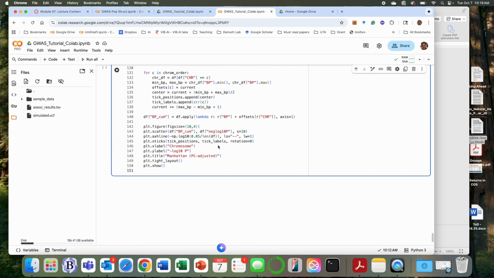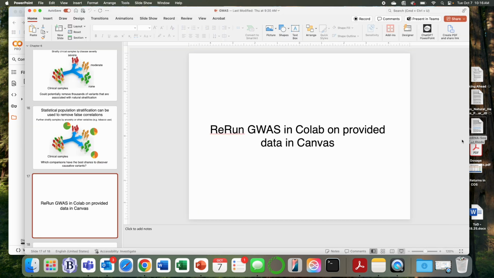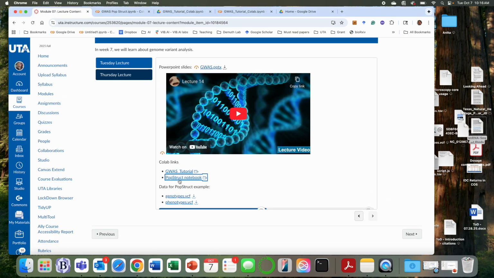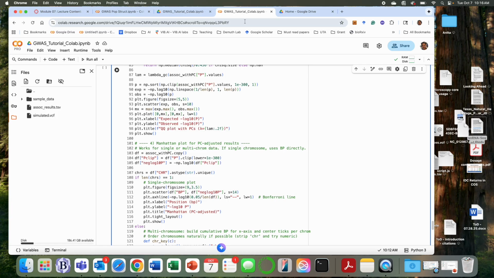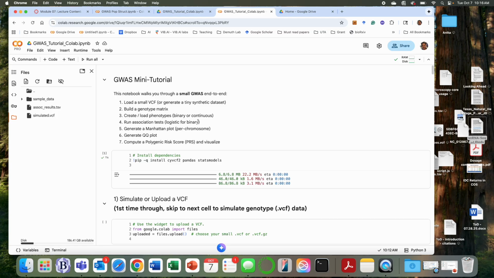Okay, so all I did was, just make sure you're following where we're at, I took the PopStruct notebook and copied that cell into my GWAS tutorial notebook. And now I'm going to go back up to the top.